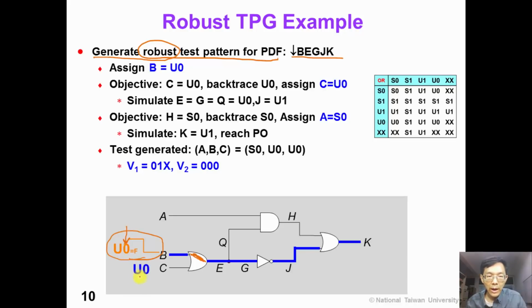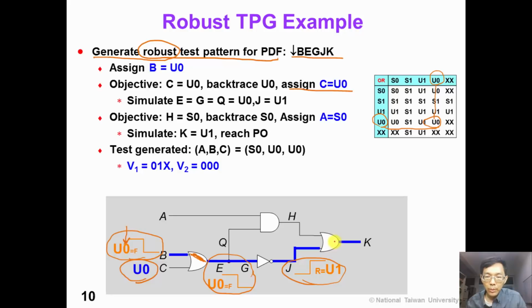We can require a U0 on the off-path signal. So we can assign C to be U0. On this 5-value table, we can see that if one side input is U0 and the on-path signal is U0, the output would be U0. So now we have U0 for E, U1 for J.